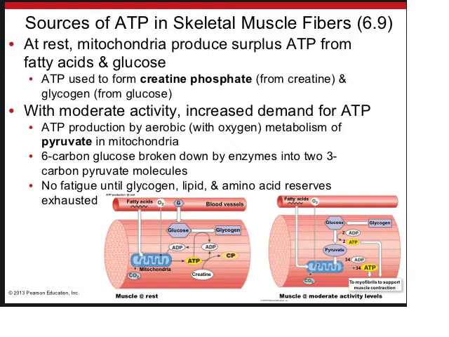And we realize a significant amount of ATP, because remember that it's in the mitochondria where the bulk of ATP production happens in the cell. 32 out of the 38 ATP that are produced by oxidizing sugar happen as a result of the Krebs cycle and the electron transport chain in the mitochondria. There's no fatigue until glycogen, lipid, and amino acid reserves are exhausted.